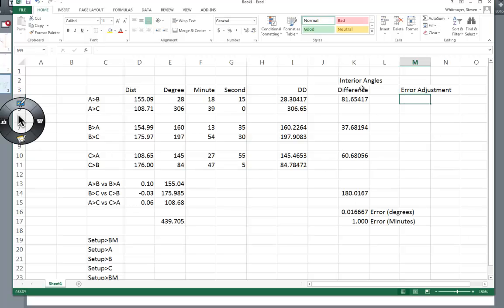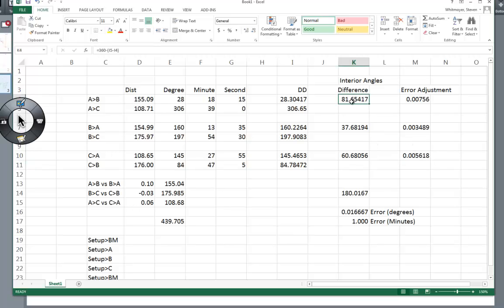I want to propagate this through, so it's going to be that error times that divided by my total, plus that error times that divided by my total, and plus that error times that divided by my total. So you can see how I weighted the error, right?